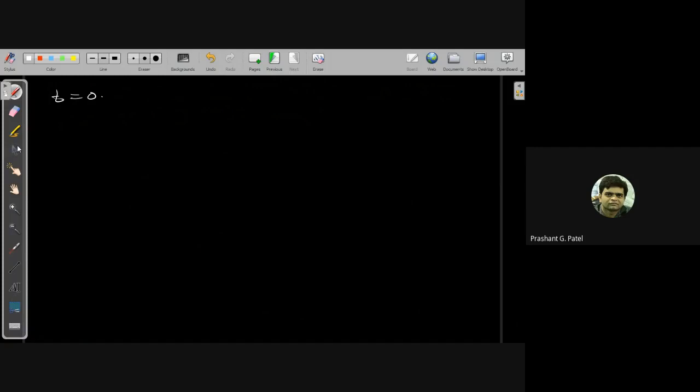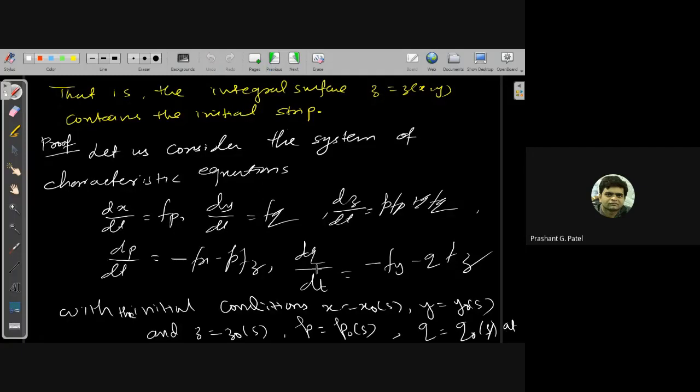Now what we need to do is solve this system of ordinary differential equations, and that solution is possible due to the existence and uniqueness theorem for the initial value problem for ordinary differential equations.